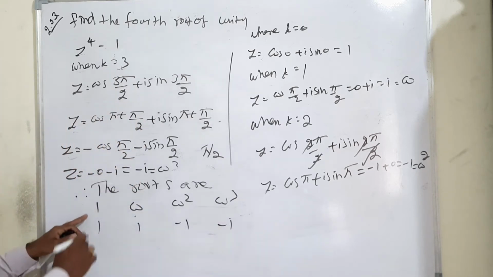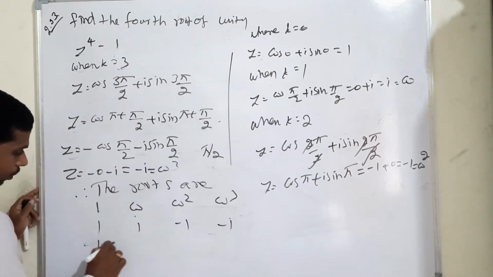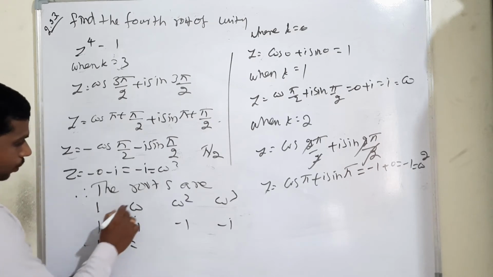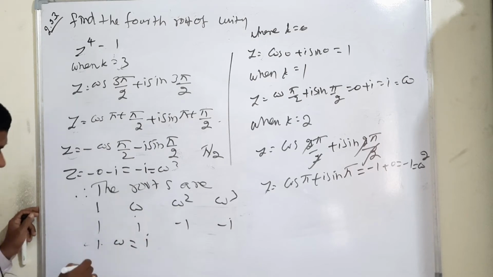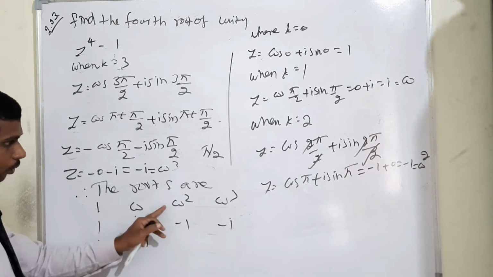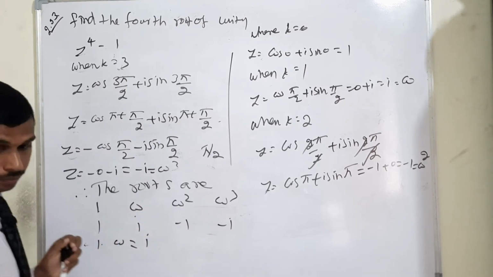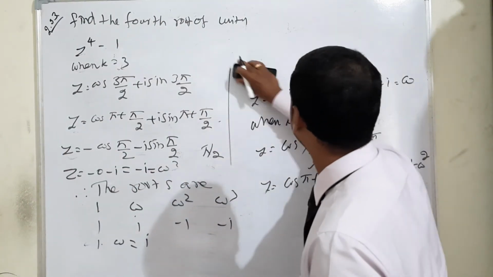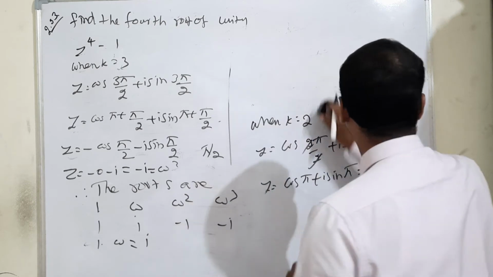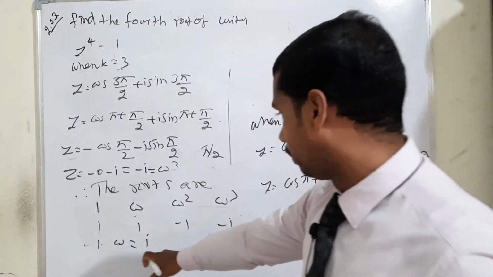So if we multiply 1 into omega, 1 into omega means omega will come. So the omega value is positive i. Then omega into omega, next condition. So omega into omega square means omega cube.